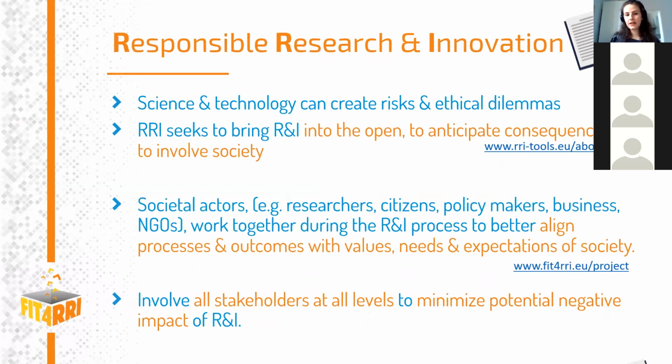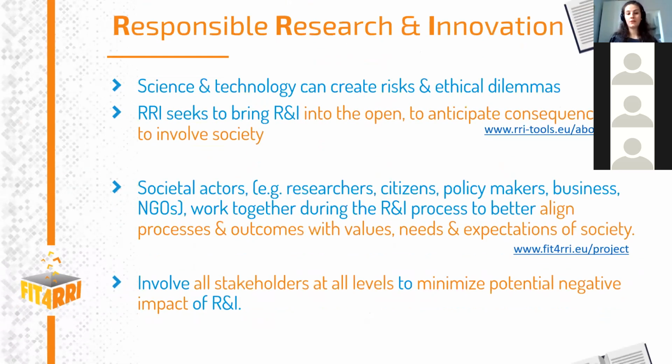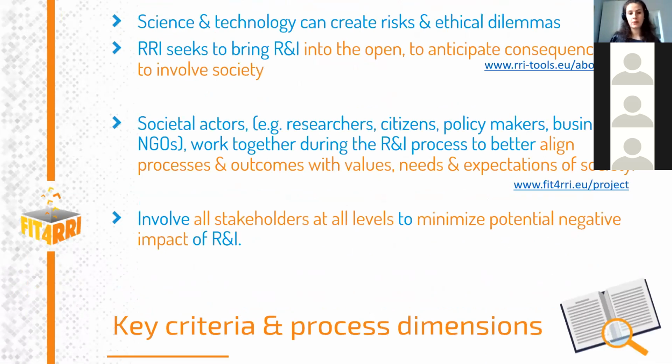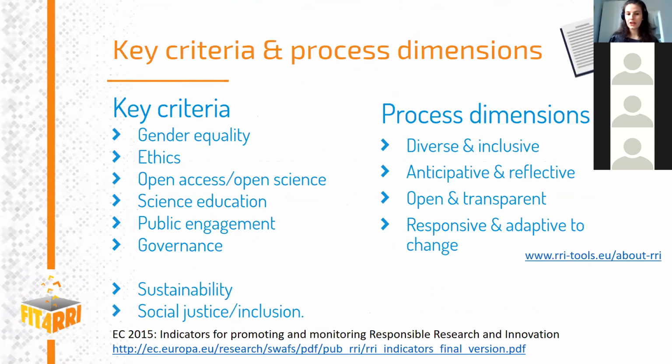So there are 6 key criteria that are involved in an RRI process. So we have gender equality, to ensure gender equality in the research content and processes. Then we want to add an ethical dimension to our research. We want to ensure open access to scientific results.